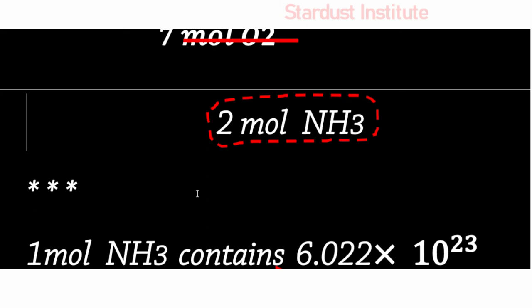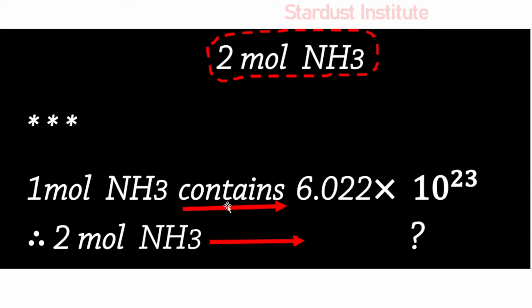We know 1 mole of ammonia contains 6.022 times 10 raised to 23 molecules of ammonia. Not only ammonia, 1 mole of anything has 6.022 times 10 raised to 23 atoms, molecules or particles. This number is called Avogadro number, 6.022 times 10 raised to 23.